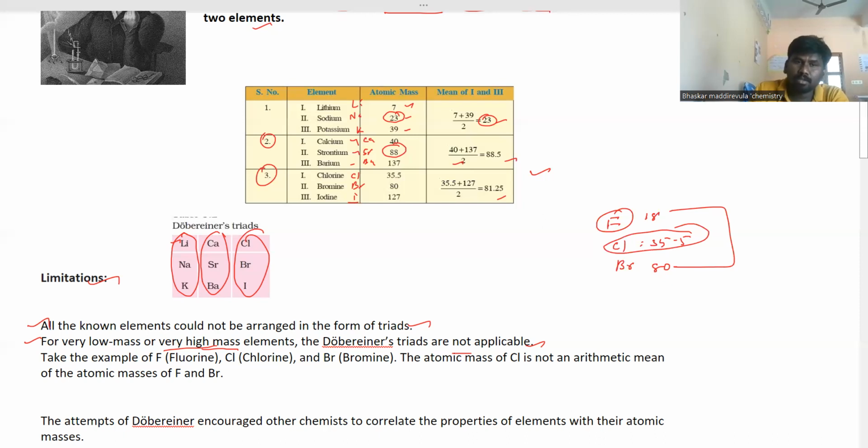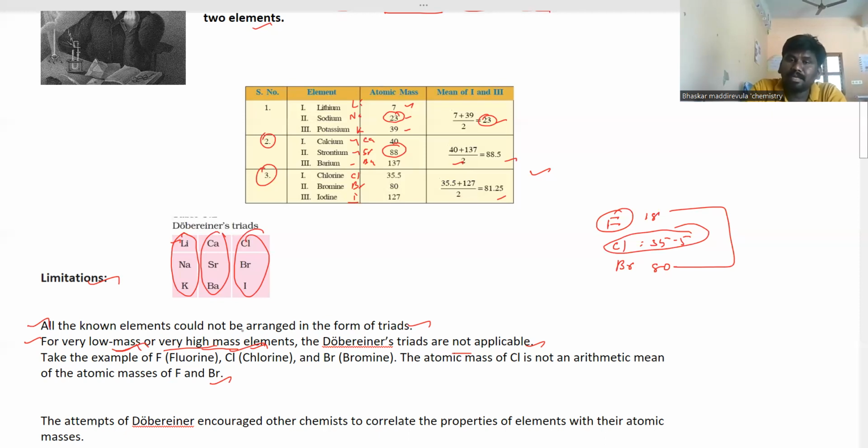That means this Dobereiner triad is not applicable to elements which have a very low atomic mass or a very high atomic mass. These are the 2 limitations of the Dobereiner triad. He made only 3 triads, and it is not applicable to elements with very low or very high atomic mass. You can't arrange them in the form of triads.